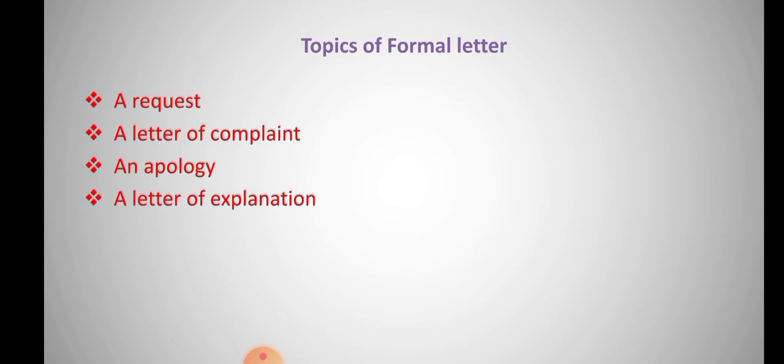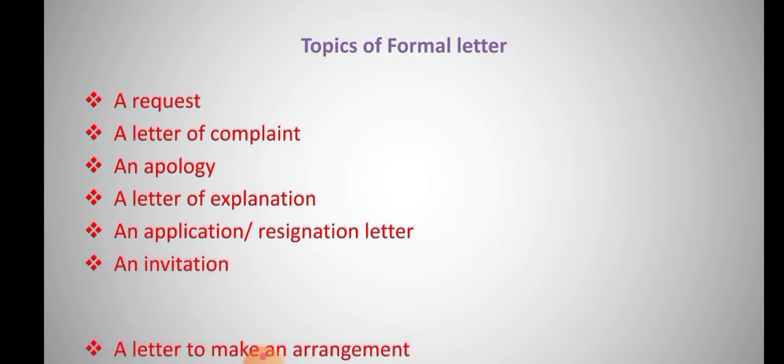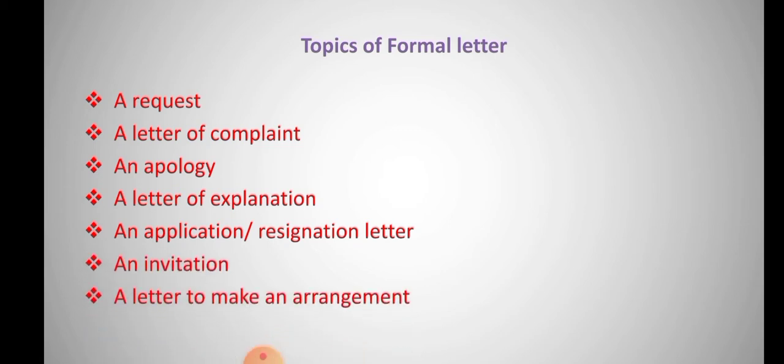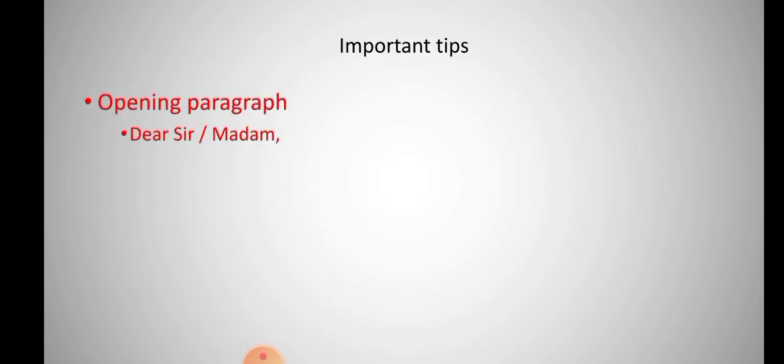If I am saying sorry, or if I am giving an explanation of something, for example big higher institutes when they issue their memorandums or prospectus, then for this they choose a formal tone of writing. Again, any application, resignation letter, any invitation or letter to make an arrangement, these are the topics which require a formal tone. So let's get started with the writing section now.